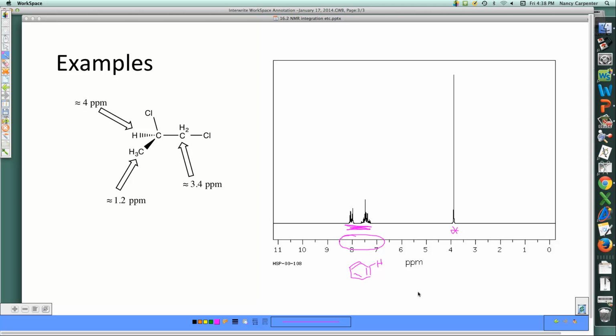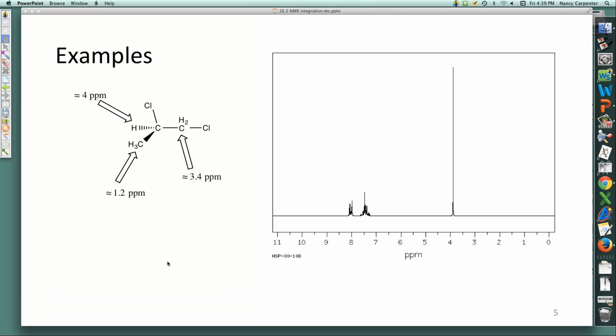And this, well, it's downfield, relatively speaking. Maybe it's next to a bromine or a chlorine or an oxygen. Who knows? Well, this happens to be the NMR spectrum for methyl benzoate.